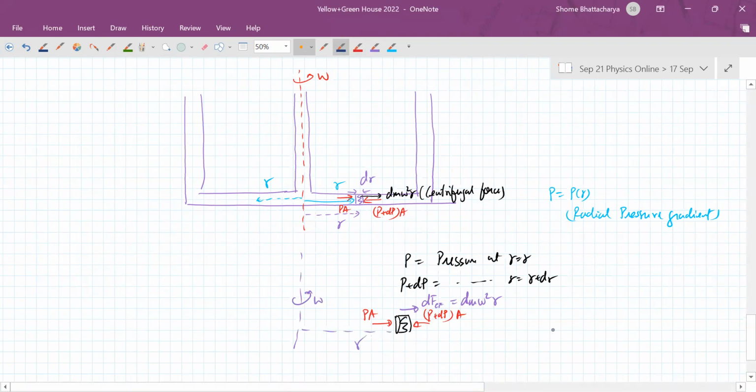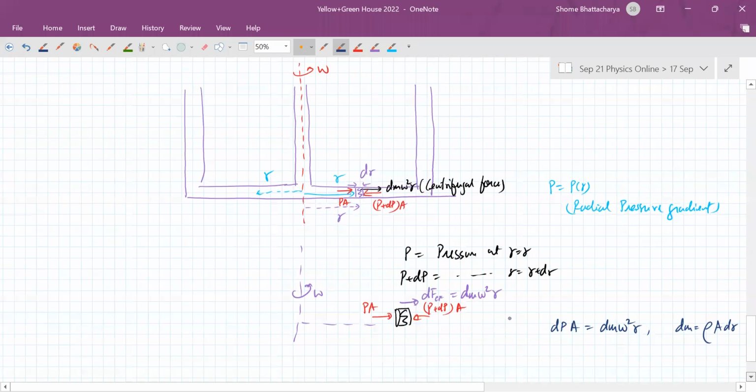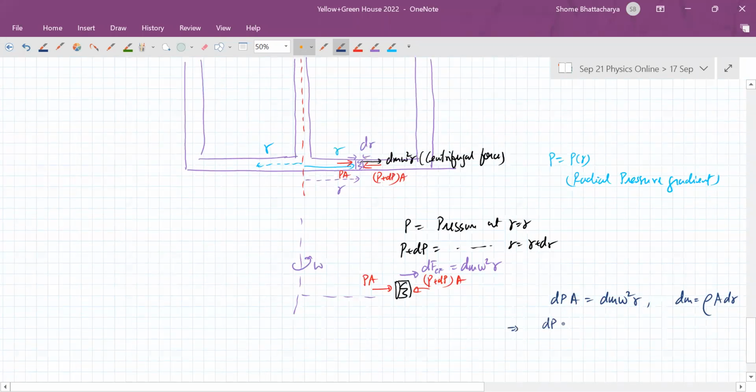So balancing the forces, you will see that dP into that area of cross section has to balance dm omega square r, and dm is the mass of that section, so it is rho A dr. So we get that dP by dr equals rho omega square r.